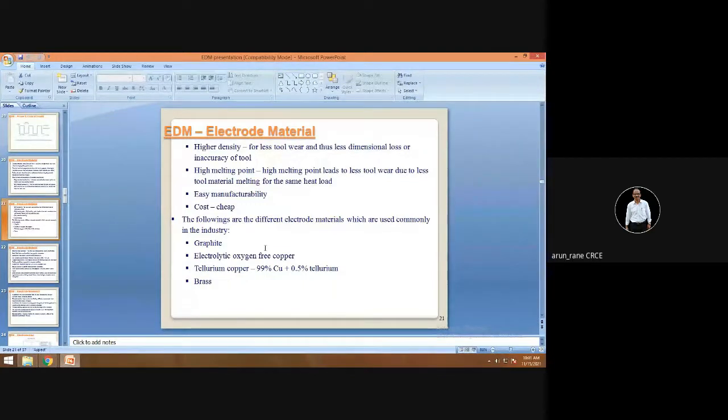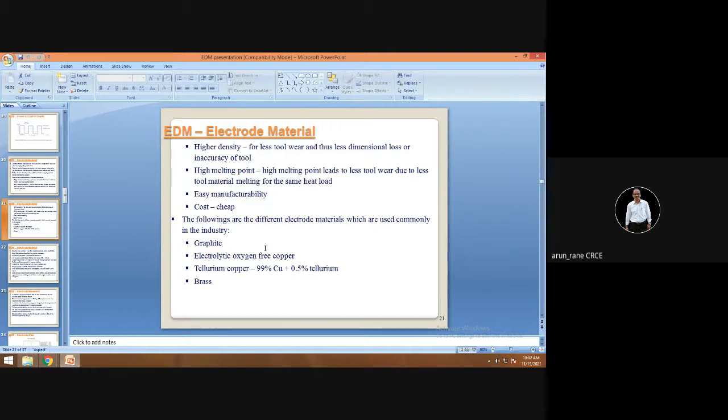Then as the electrode is a replica of your cavity to be cut, you have to do the electrode machining on a milling machine or turning machine depending upon the shape of the cavity. So electrode should be easily machinable, so manufacturability of the electrode should be good. And of course, the cost should be less.